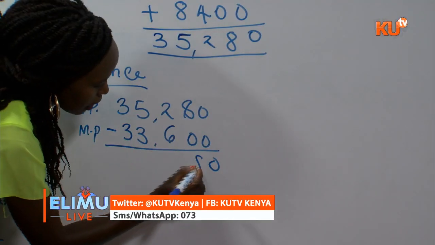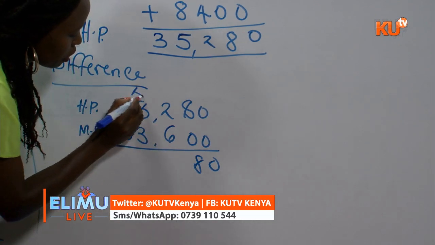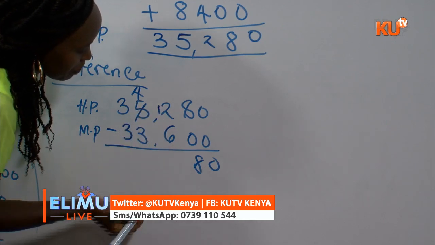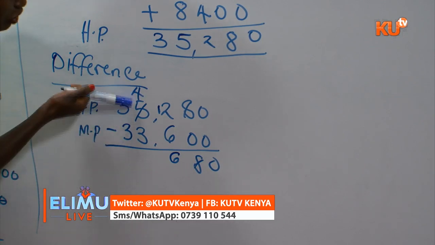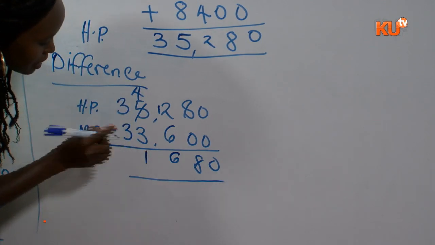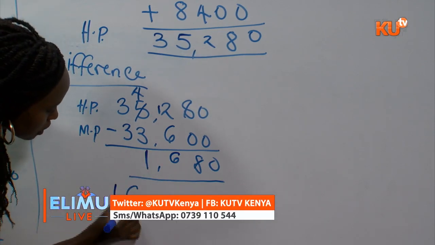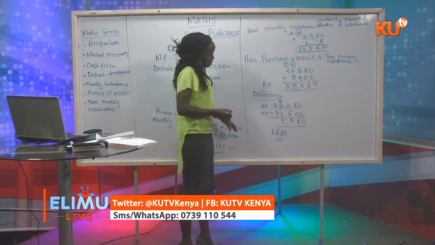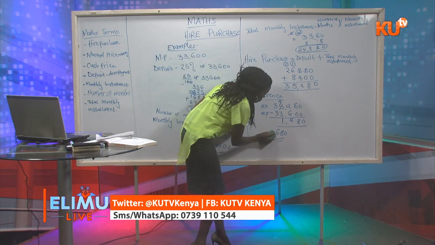We get a 0. 8 minus 0 is 8. 2 minus 6, we borrow 1 from 5. We remain with 4. That one we bring here, we have 12 now. 12 minus 6, we get 6. 4 minus 3, 1. And then 3 minus 3 is 0. So we have 1,680. Now this is the difference between the hire purchase and the marked price.